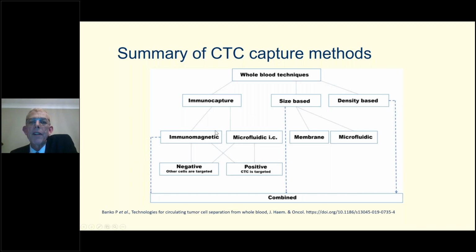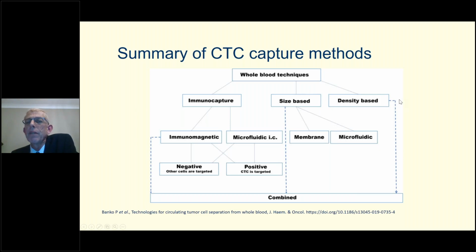So there's the immunocapture methods, and then there are size-based methods, which might be filtering cells through a membrane or through some kind of microfluidic device based upon 2D and 3D geometries, which we will focus on a little bit later in our webinar.